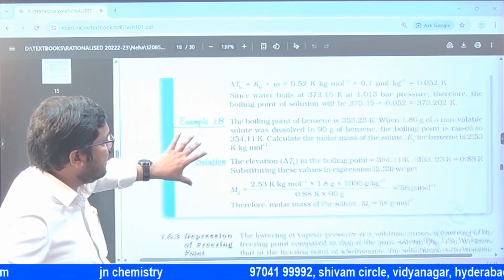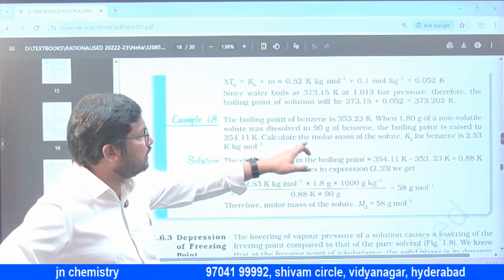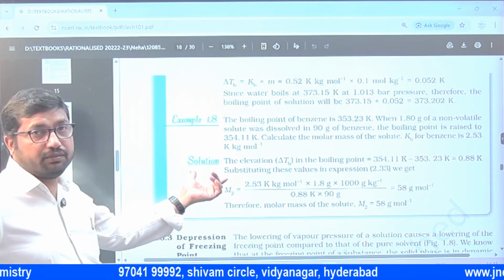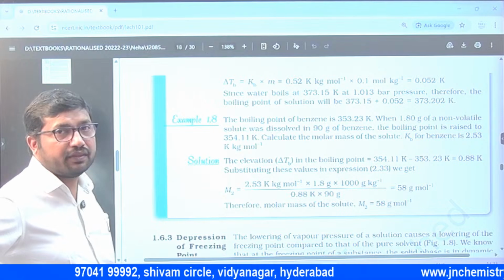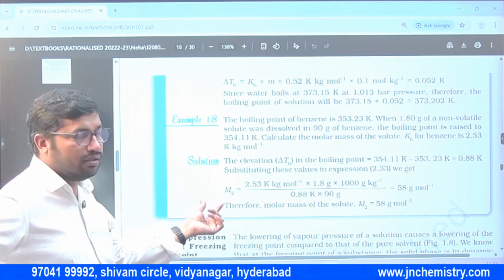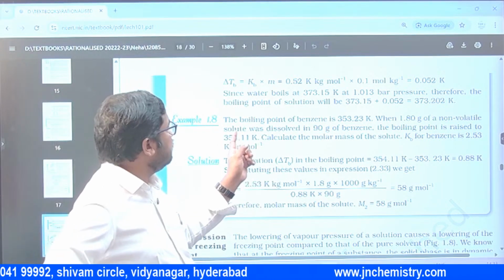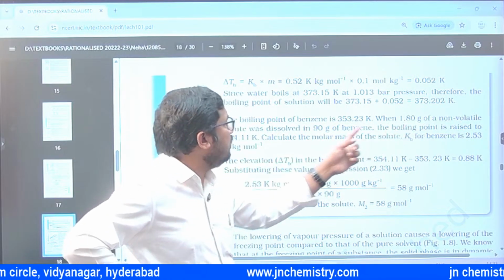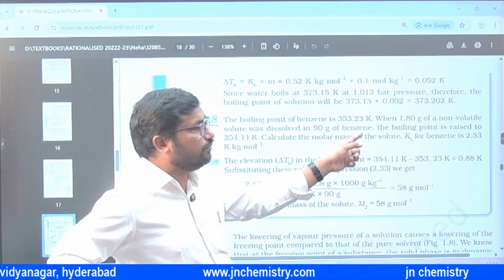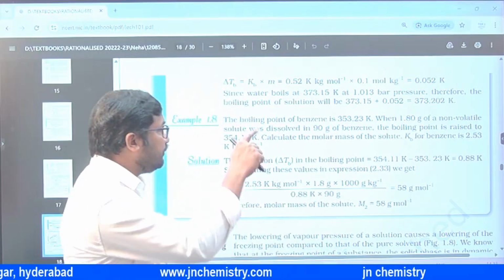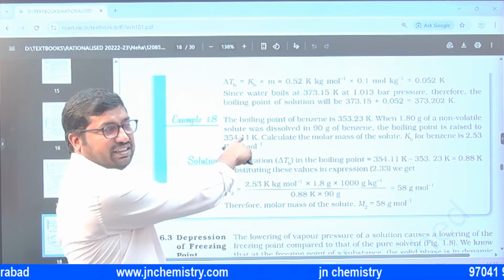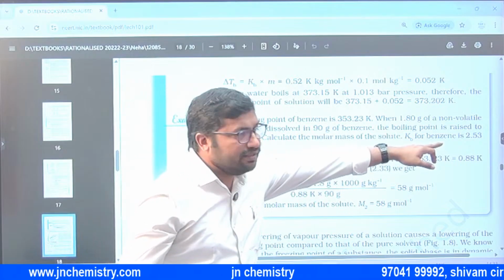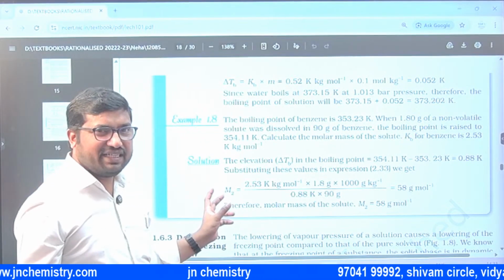In the case of boiling point, calculate the molar mass of solute using the elevation in the boiling point. Got it? Everything we know, right? The boiling point of benzene is given. When 0.8 non-volatile solute is dissolved in 90 grams of benzene, the boiling point is raised, meaning elevation. Calculate the molar mass of the solute. Kb is given. Is there any difficulty?